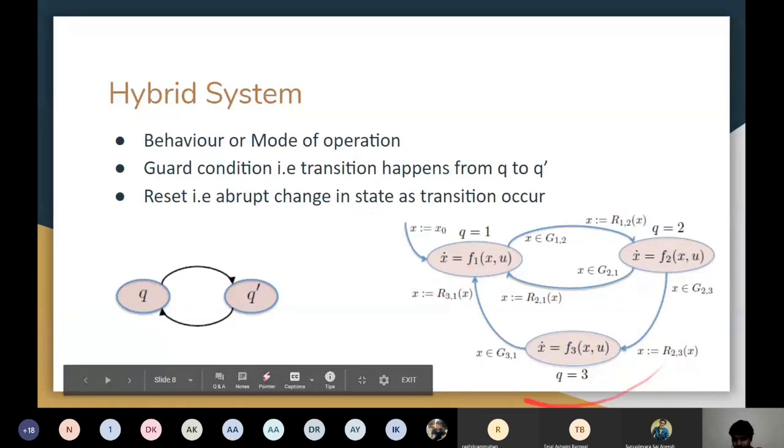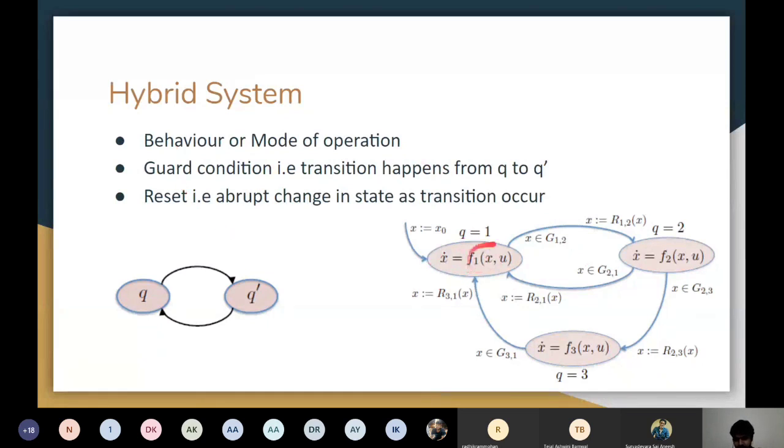So this diagram over here explains the general hybrid system. You have a certain behavior f1 of x, and this starts from the state x0. Now suppose a situation arises that this condition g12 is satisfied. That is a condition that, if encountered, will switch from behavior 1 to behavior 2, and while switching we'll reset our states using this particular reset matrix r12.